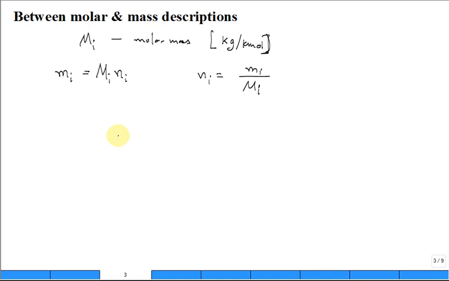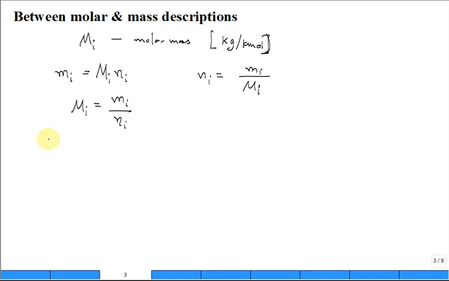Well, what was big M sub i? It's the mass of the species i divided by the amount of species i. That's how you would get it. If somebody said, I don't know the molar mass, but there's 5 kilograms in this container of this species, and it's only 1 kilomole of that species, well, it's 5 over 1. Its molar mass is 5.